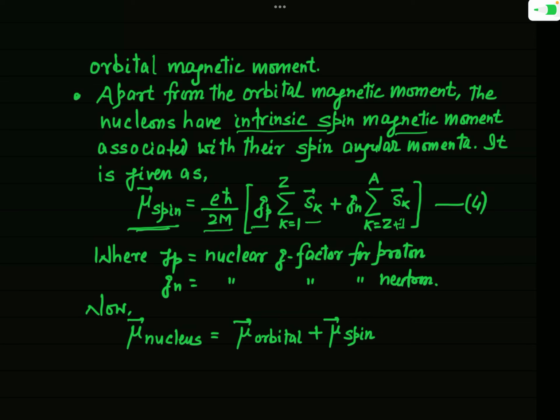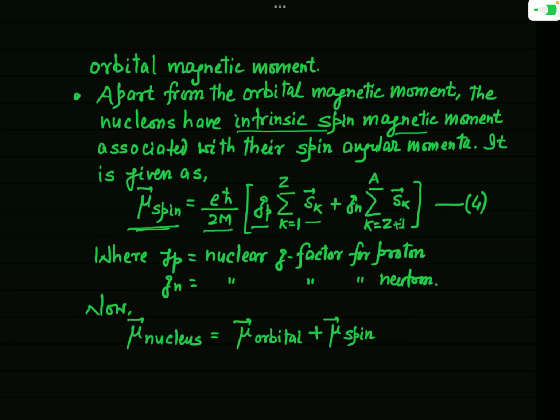Sk is the spin angular momentum of the kth proton, and when you sum up the spins of all the protons, you will get the total spin magnetic moment of all protons.